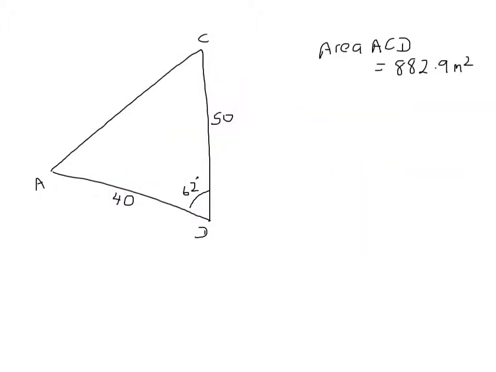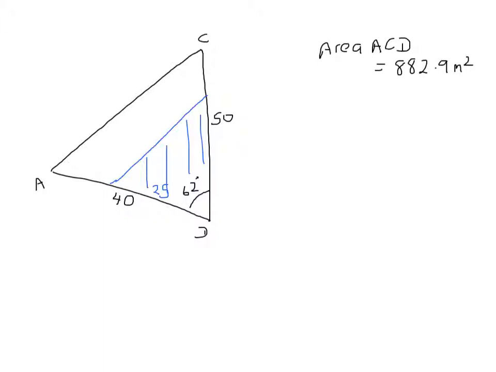So let's try what we're going to do. If I divide this, let's say it needs to be about there. It's almost in 2 halves. I've got a triangle and another quadrilateral shape. So I know my total area of ACD. I'm going to work out this area. Now let's make this side length a bit bigger than half.